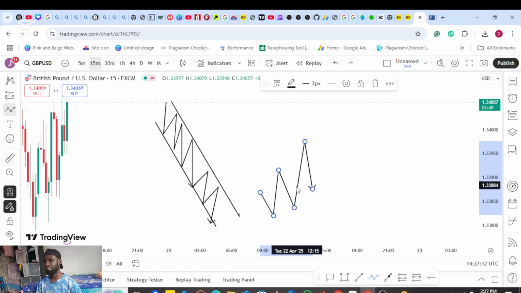This is the best example showing that the downtrend has changed to an uptrend, because this high broke this high, and this high broke this high. That means the market has changed to an uptrend. This is how it works.